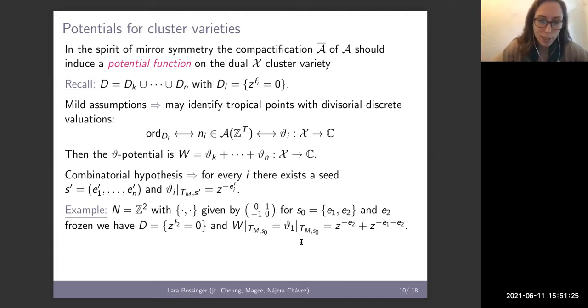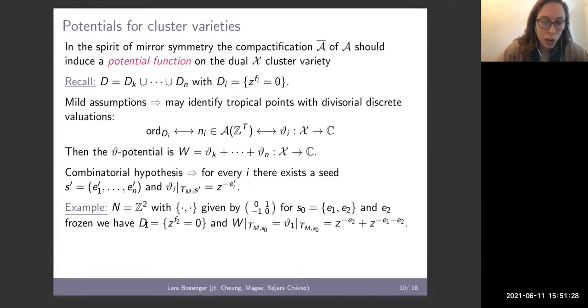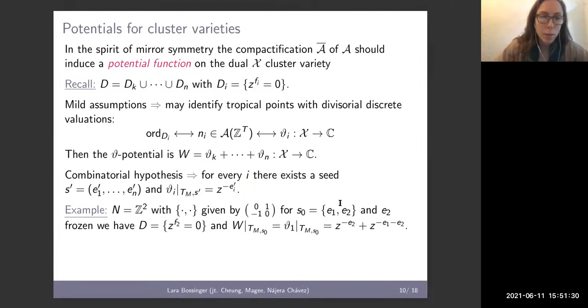Or said differently, in the second chart, my theta function corresponding to this direction, oh, this should be a 2, sorry, would just be the inverse of the corresponding cluster, the corresponding x coordinate. And if I mutate back to the first seed, I get an expression of this form.